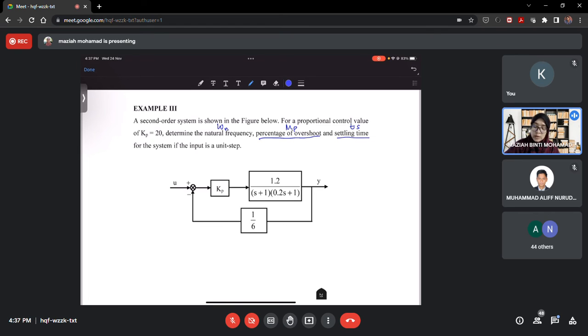All right, so the first step is to produce the transfer function from a block diagram.